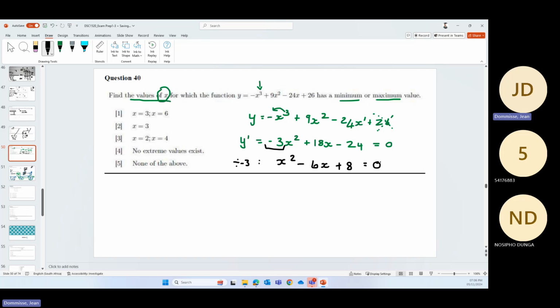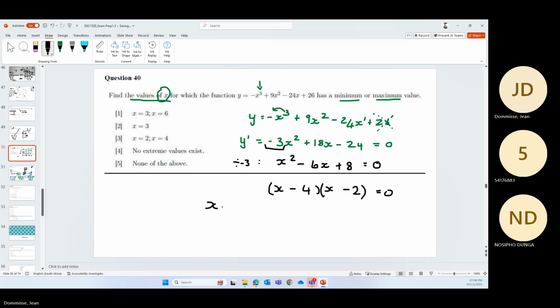Okay, so now this is something easier to work with. We can look at the factors, so we factorize that. What times what gives us 8? If I say 4 times 2, that can give us 8. So we've got x minus 4 times x minus 2 is equal to 0.